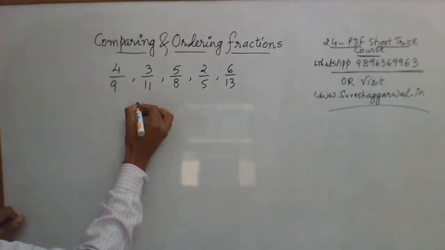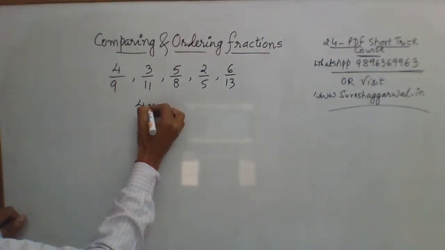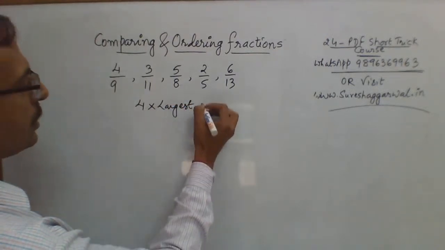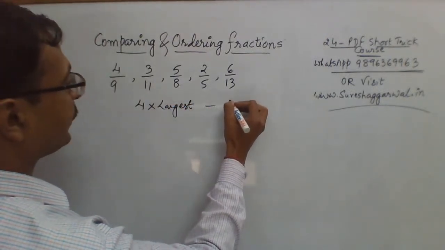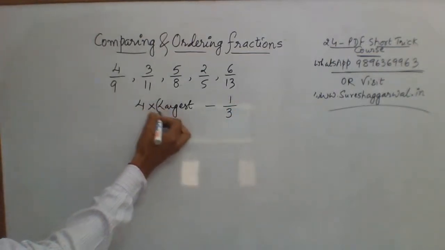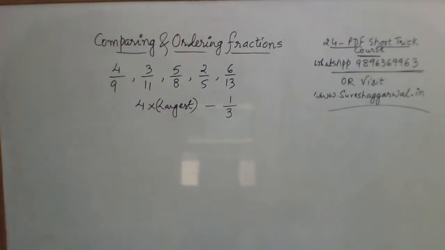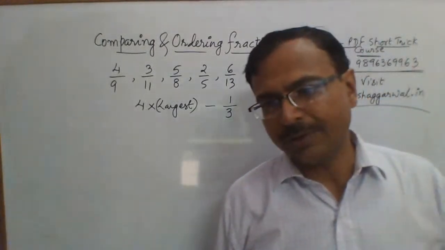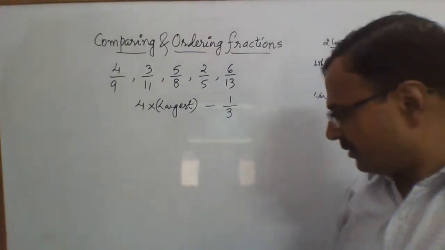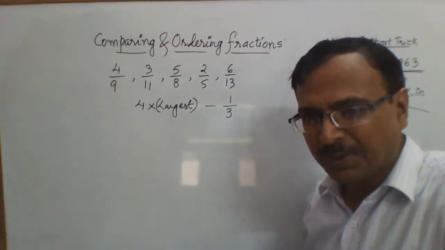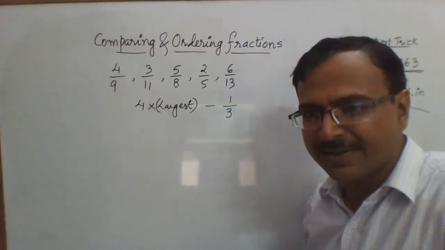You need to tell me 4 times the largest minus 1 by 3. Okay, now this is what you need to do: 4 times the largest minus 1 by 3. Question is for you. Just try that out. Let me see now who comes up with the correct answer first.